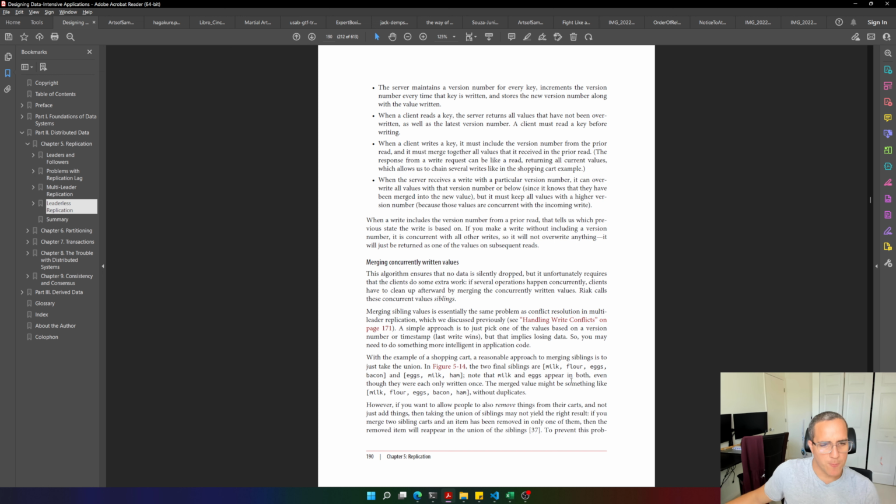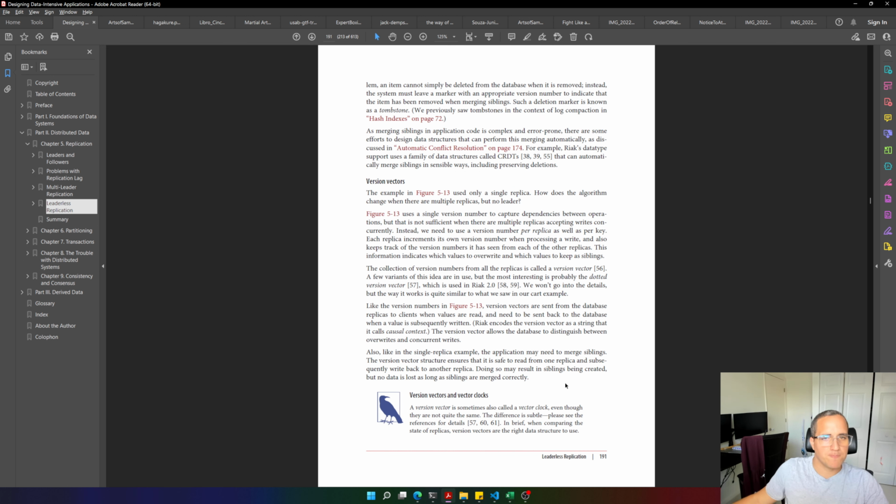The merged value might be something like milk, flour, eggs, bacon, ham, without duplicates. However, if you want to allow people to also remove things from their cart and not just add things, then taking the union of siblings may not yield the right result. If you merge two sibling carts and an item has been removed in only one of them, then the removed item will reappear in the union of siblings.